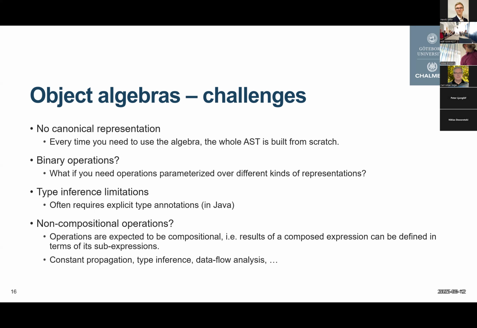And if you try to scale this up, you very often end up having to introduce explicit type annotations, which in Java we are not used to doing. And everyday Java programmers might not even understand what the type annotations are or why they need to use them and where they are, etc., etc.